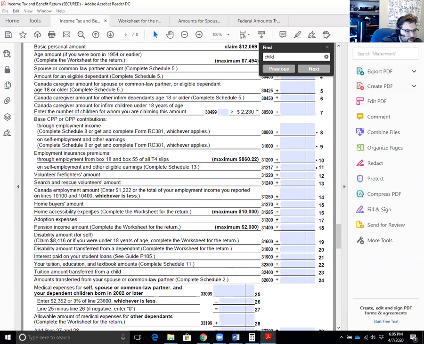Canada employment amount, you know, we could do that. It's not a requirement in the question, but it definitely could be looked at. So enter 1,222 or the total of your employment income you reported on lines 10,100 and 10,400, whichever is less.